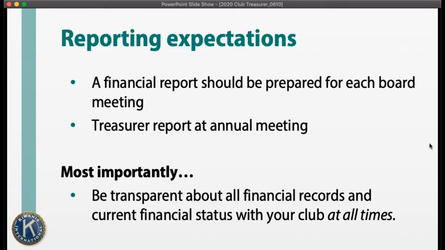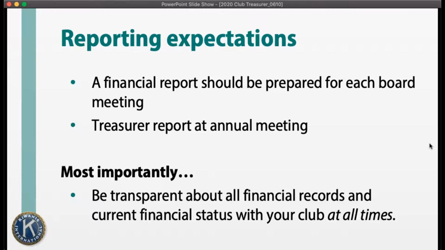In addition, at your club's annual meeting, typically in April or May, one thing on the agenda is a report from the treasurer. This is when you should include some detailed financial information, such as statements from the most recent board meeting. And it's also a great opportunity to talk about the incredible work you're doing and what the monetary impact has been for your club and for your community.